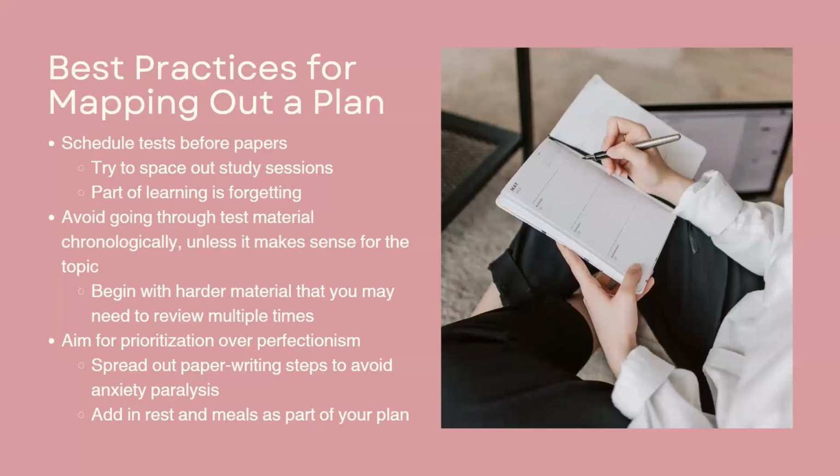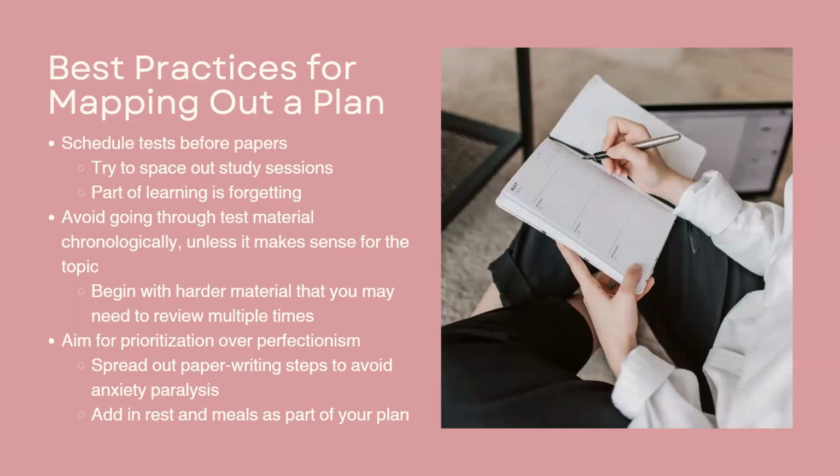It's also important to aim for prioritization over perfectionism. And this can apply for all tasks, but maybe specifically for papers. Often for folks who approach paper writing with a sort of perfectionist streak, there can be a difficulty beginning working on a paper because you want it to be the best paper you've ever written.